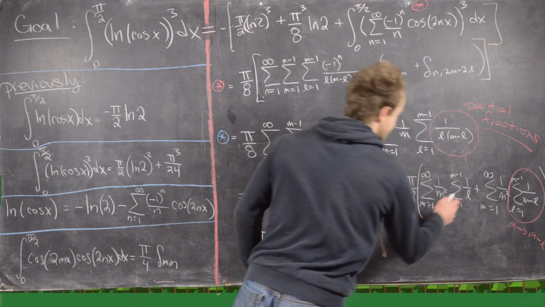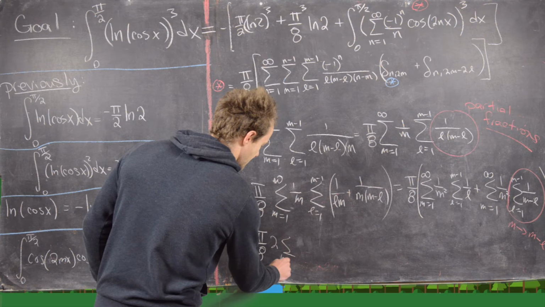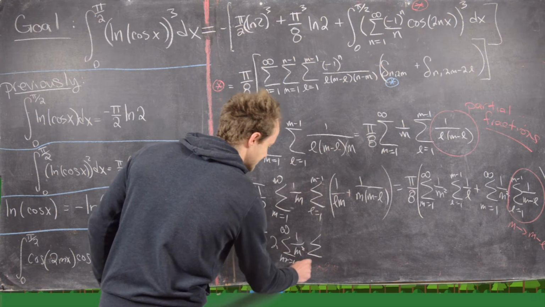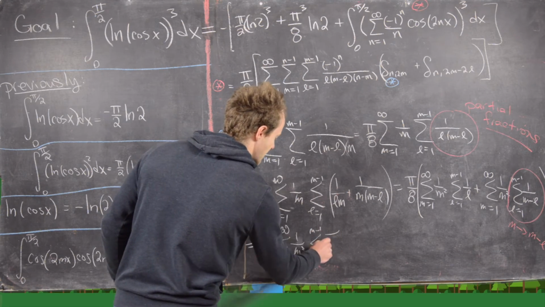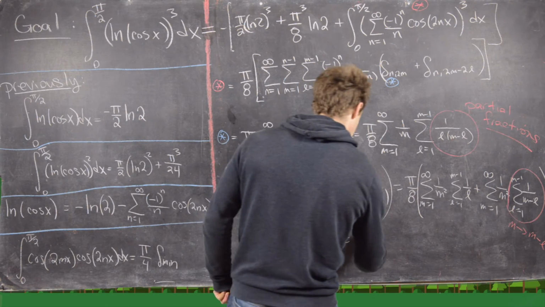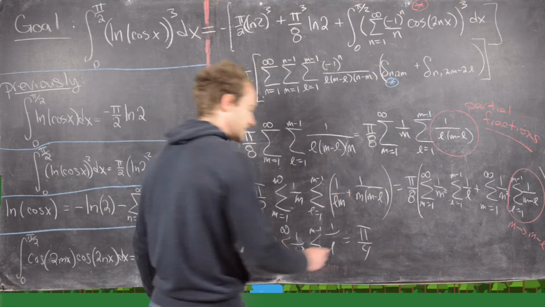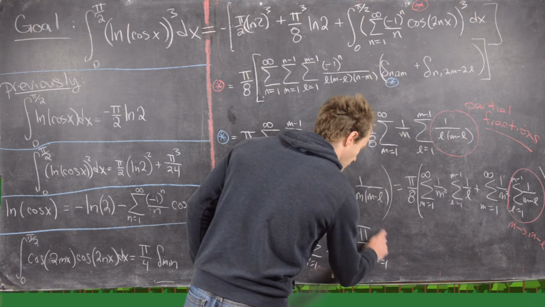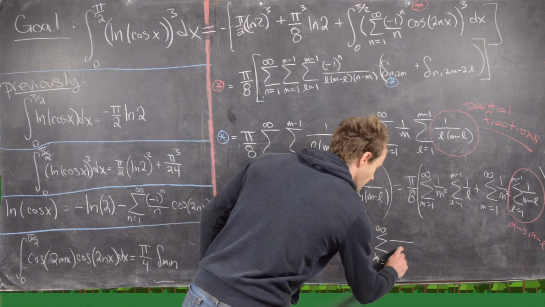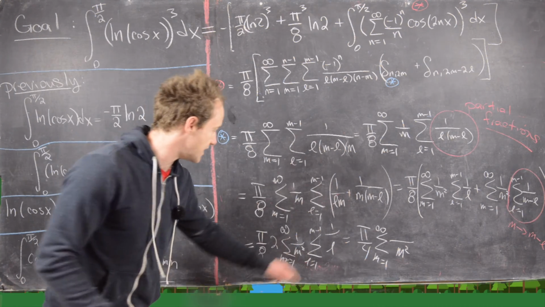Well, now both of these are the same, so it's twice the sum m equals 1 to infinity of 1 over m squared, the sum L equals 1 to m minus 1 of 1 over L. But notice that that is going to simplify, so that's going to give us pi over 4 times the sum m equals 1 to infinity of something over m squared, but that something is actually a well-known number.